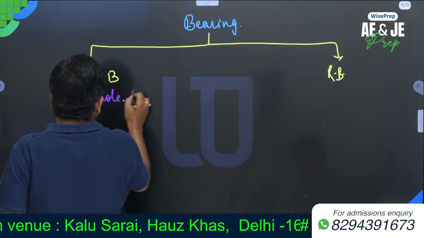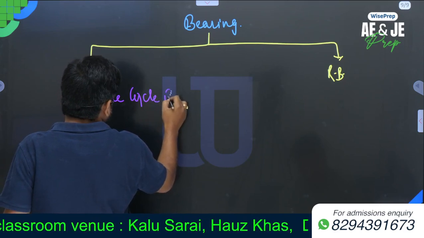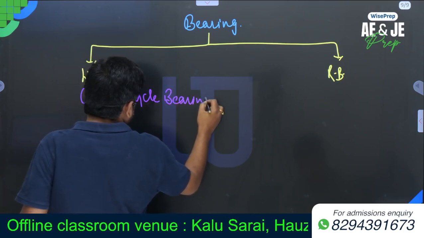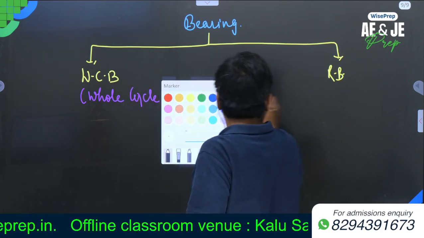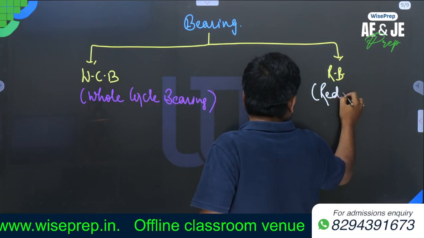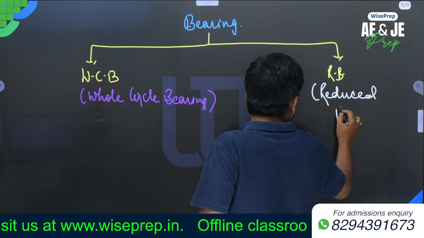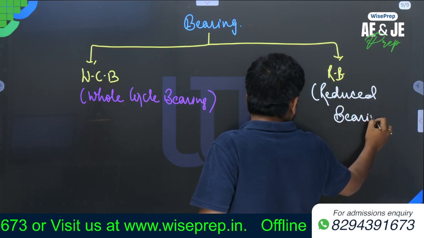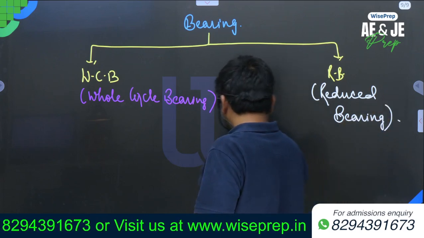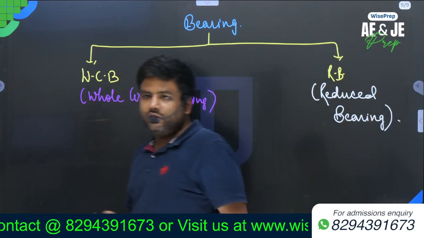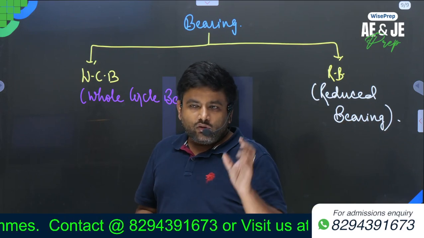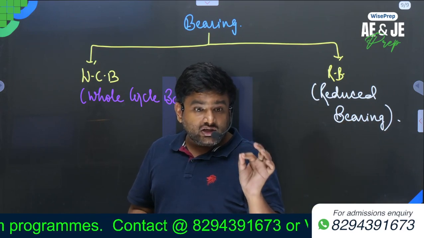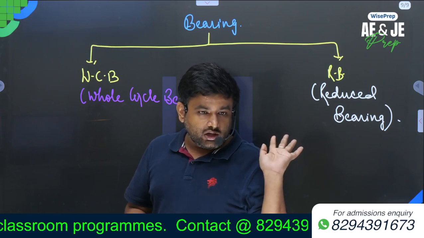So this is whole circle bearing, and this is reduced bearing. This question is generally asked in objective questions in JEE or AE exam.